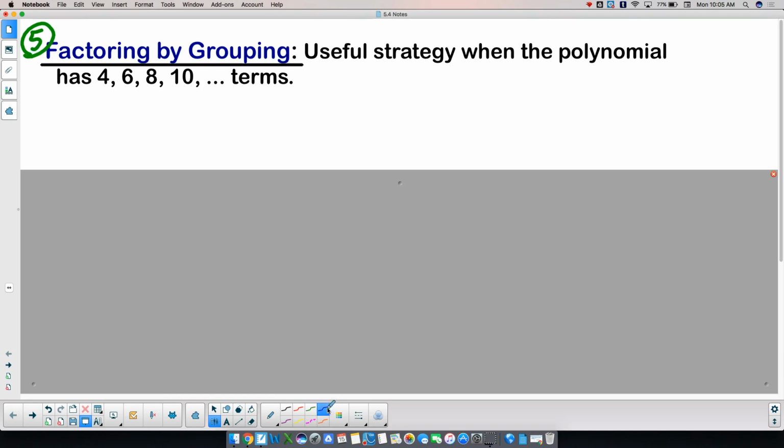And really, all it is is 3 GCFs. That's all you're doing, is 3 greatest common factors. All right? So, let's do one. Let's dive right in.